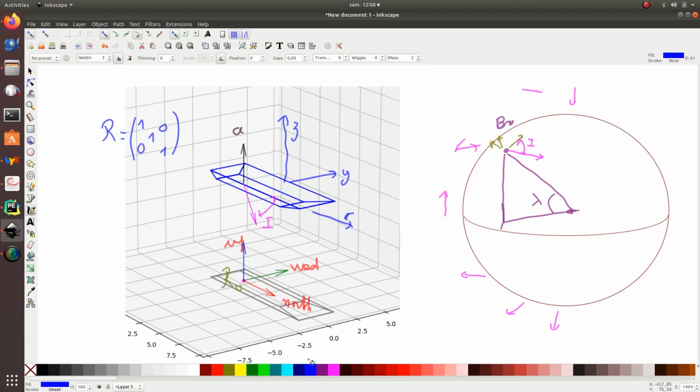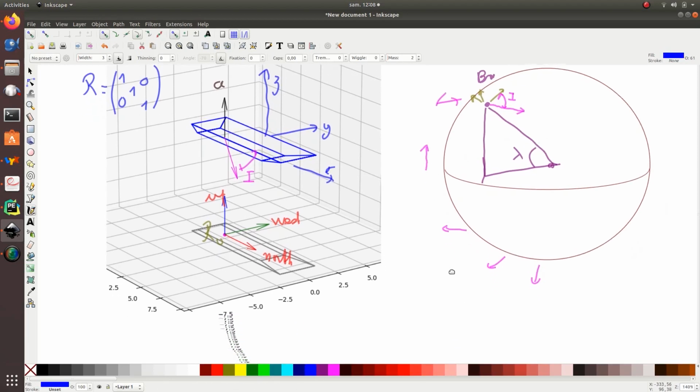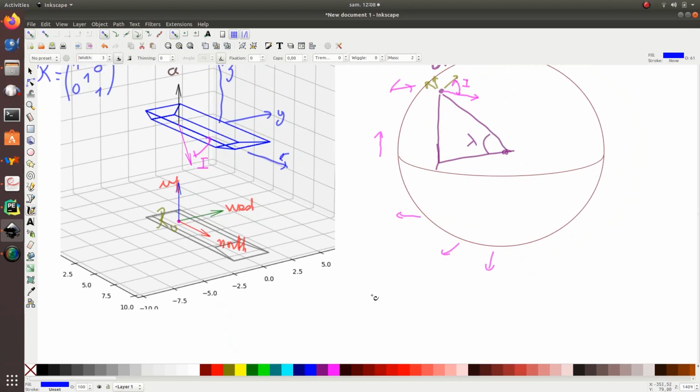Now, I recall the relation I equals arctangent of 2 tangent lambda. In Brest, the latitude is this, and I is equal to 1.15 radian.